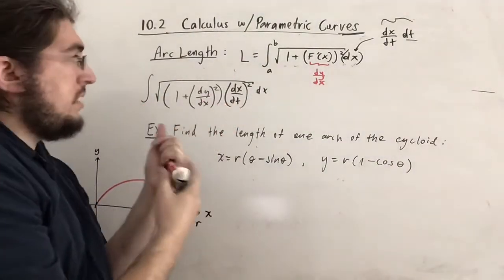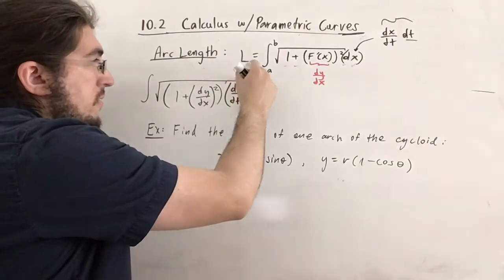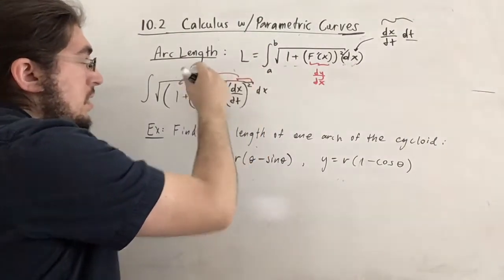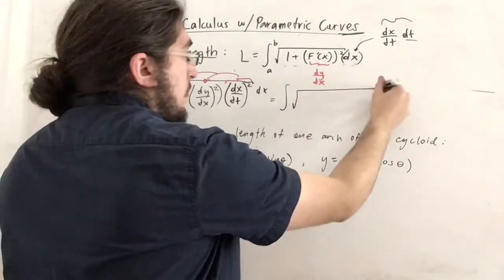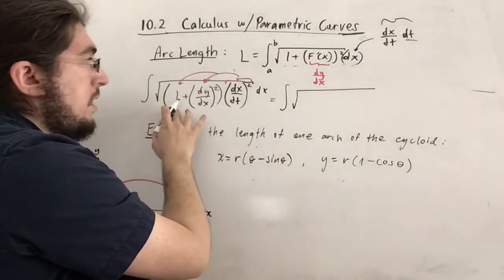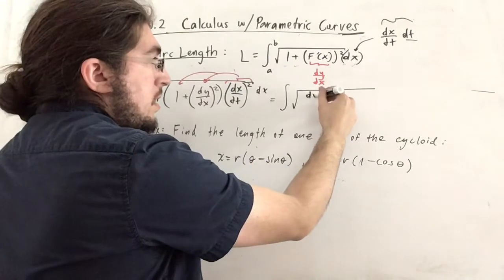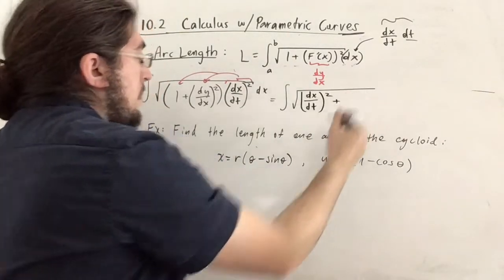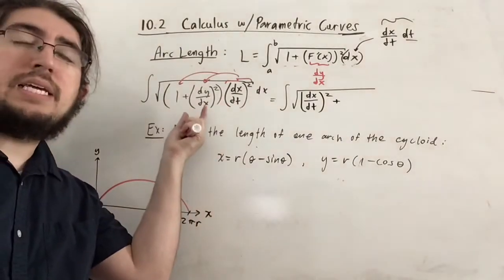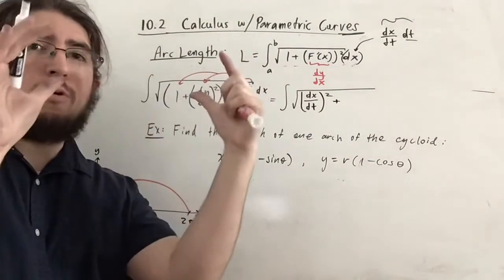If you distribute this dx over dt squared into this, well, a few things happen. First off, the first part inside the radical becomes 1 times that, dx over dt squared. That's fine. Plus, what happens when you multiply it into this? They're both squared, so it's going to be the whole thing squared.